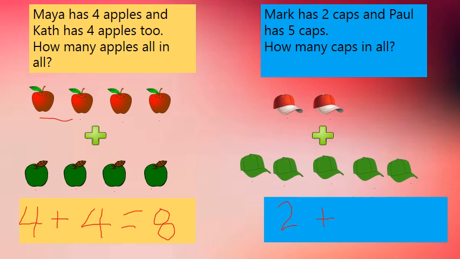So 2 plus 5 equals, let's count, 1, 2, 3, 4, 5, 6, 7. So 2 plus 5 equals 7. Who got it correctly? Very good. Thank you so much, my dear students.